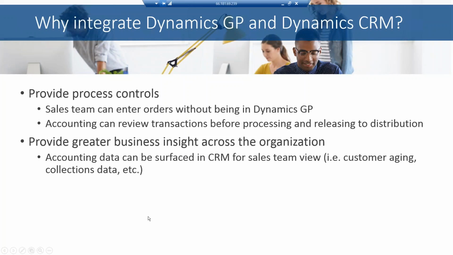And that goes to the next point, which is providing process controls. This is a common thing, that a sales team or a sales assistant may enter an order without actually being in Dynamics GP, but accounting still has the ability to review the transaction before processing and releasing it to distribution.